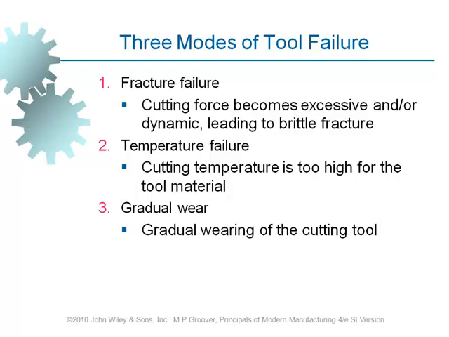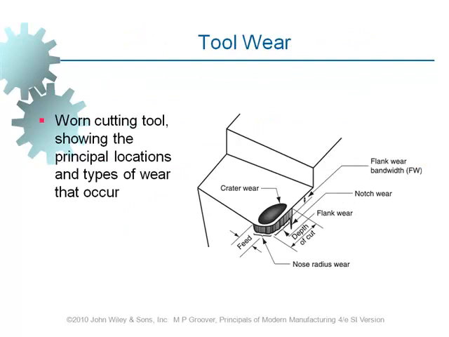Now, here we've got a number of pictures showing us the way that a cutting tool is worn when it is being used in a machining operation. As we can see, this is a single edge cutting tool, which is often used in operations such as turning.